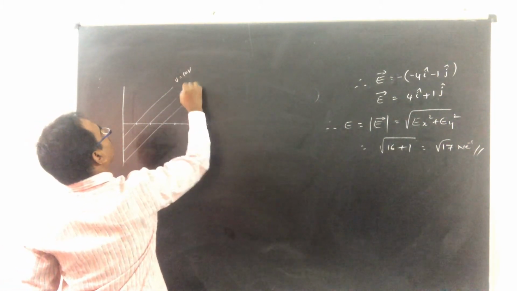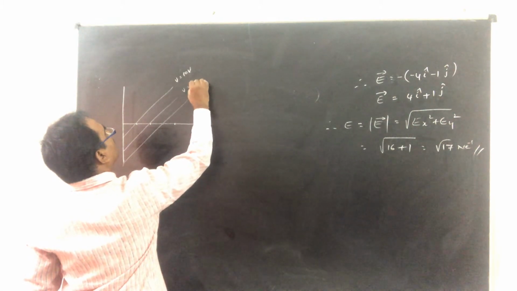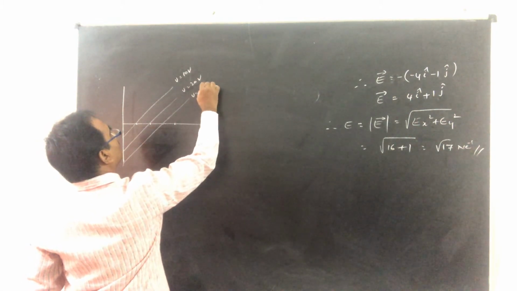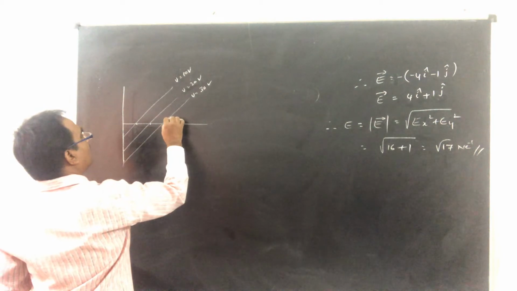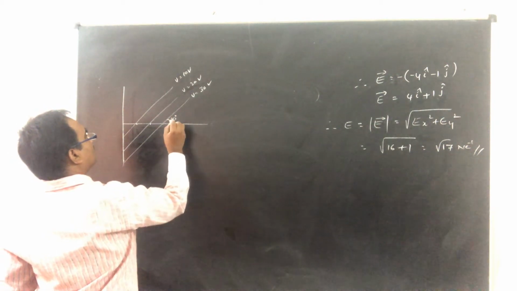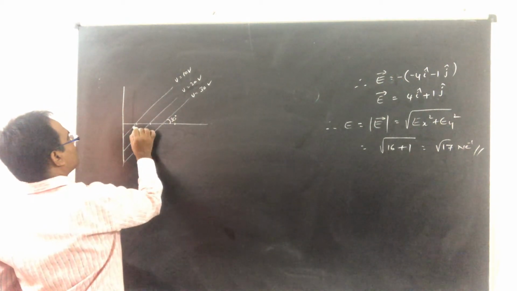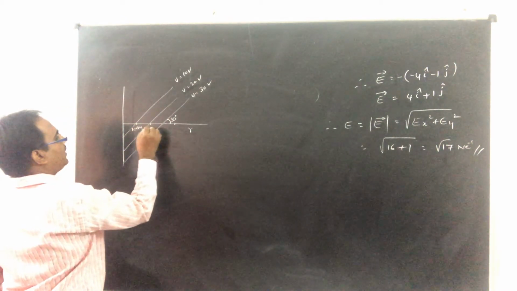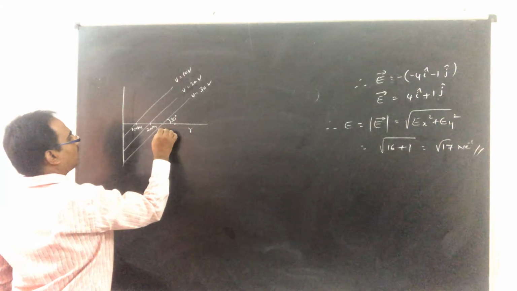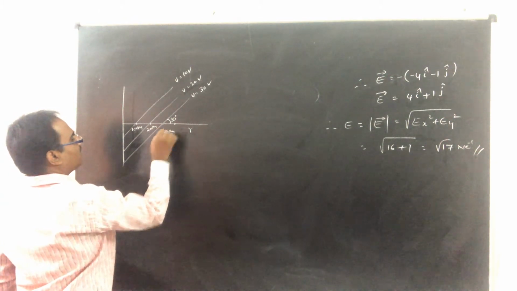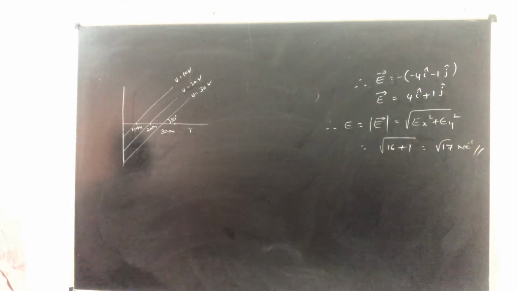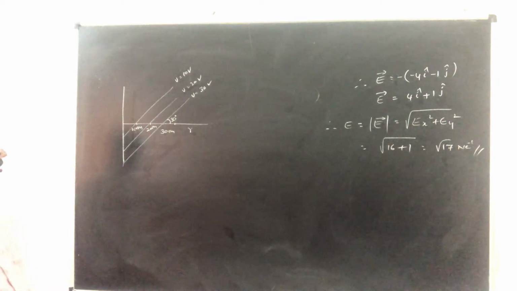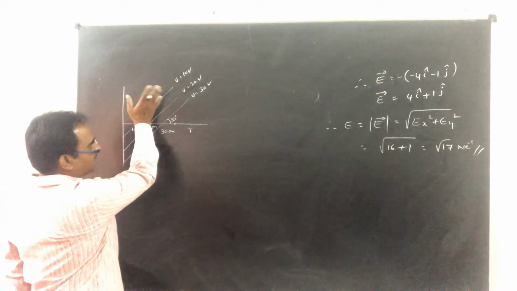This V is 10 volt, 20 volt, 30 volt, and this angle is given as 30 degree, and this is the graph of r. So this point is 10 centimeter, 20 centimeter, and 30 centimeter like this. In an electric field, equipotential surfaces are like this.